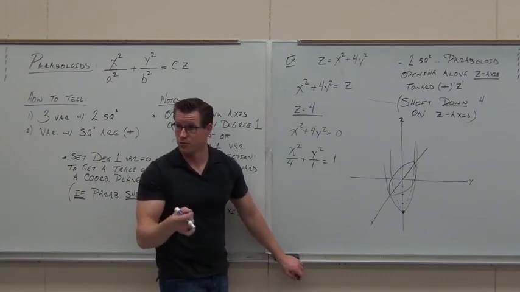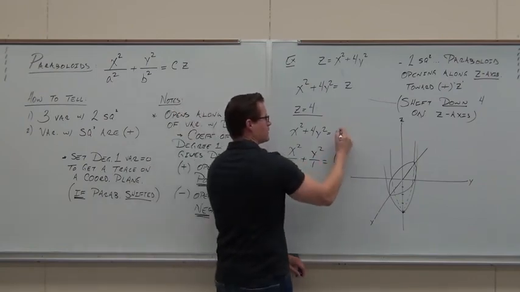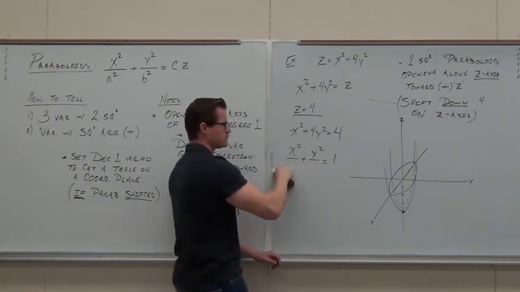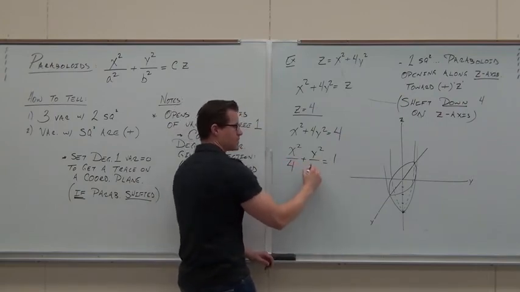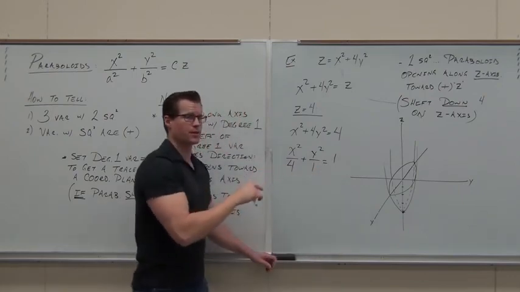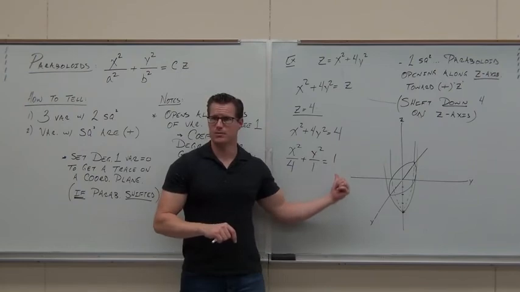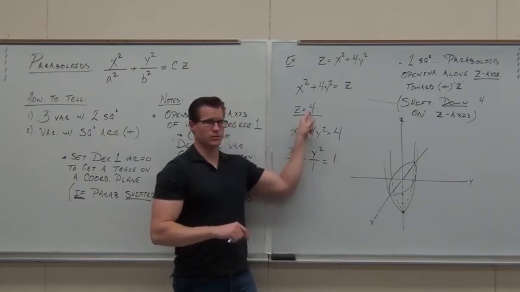You plug in z equals 4, then when you divide by 4, you get the same thing, except for one thing. Please watch carefully. I don't want to blow your minds, okay? That looks exactly the same as what we just had, correct? Except it's now at z equals 4.